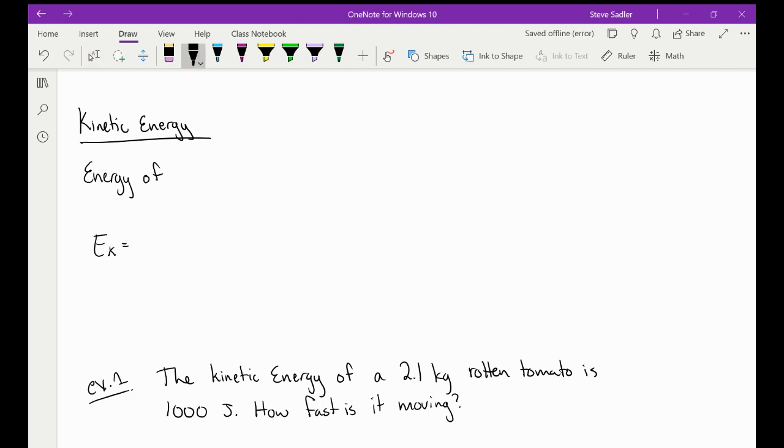Kinetic energy is the energy of motion. So you'll see in the formula that it depends on velocity, so kinetic energy is always moving energy, or energy of motion.